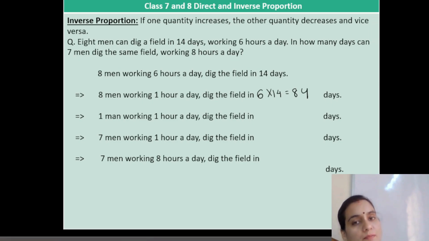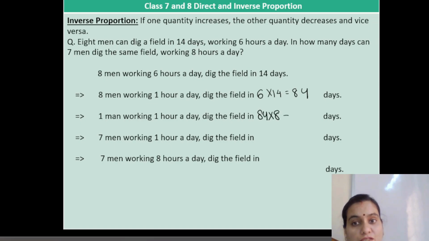Now that's for 8 men. Now what about one man? If one man works 1 hour a day, then how much time will he take to dig the field? Will it take less? No, obviously not. He has to do the job of 8 people, right? So 84 into 8 will be the amount of effort that one man needs to put. So that will go towards the number of days, right?